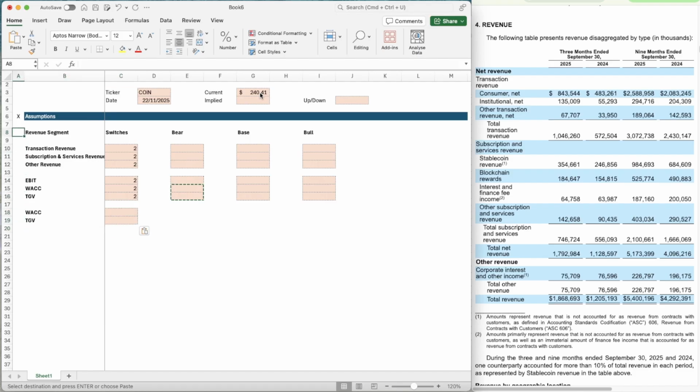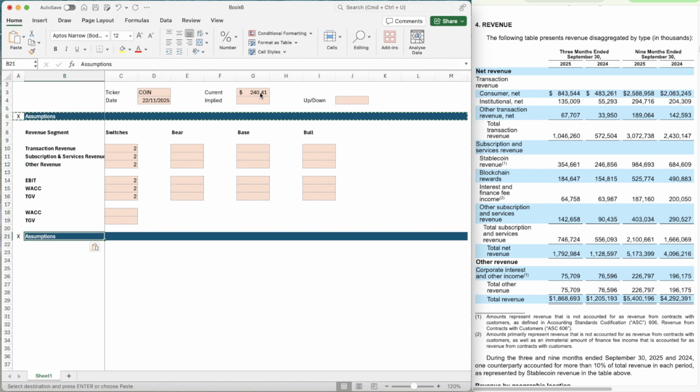We do that because of the time value of money. $1 today is worth more than $1 tomorrow because of the risks associated with it. There's inflation, there's that you might not get it. There's so many risks with that, which is why we discount it to a present value.